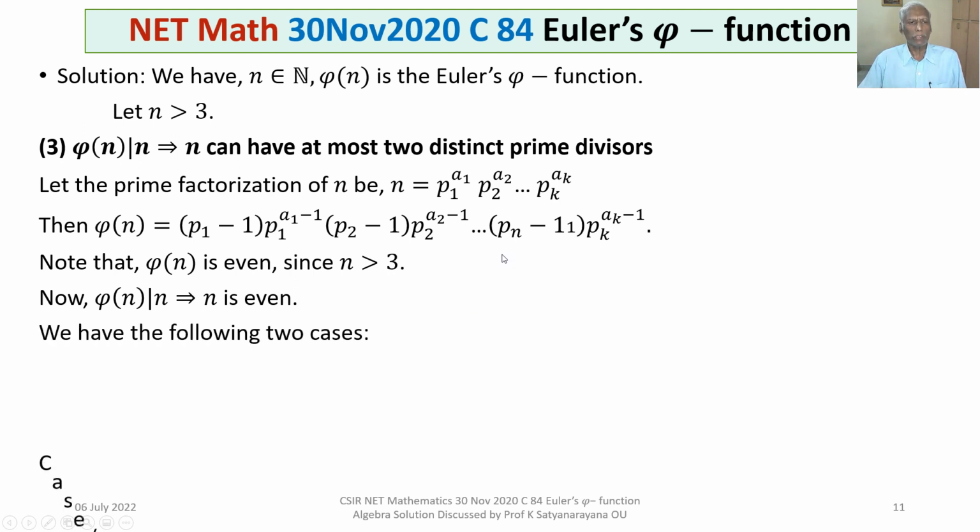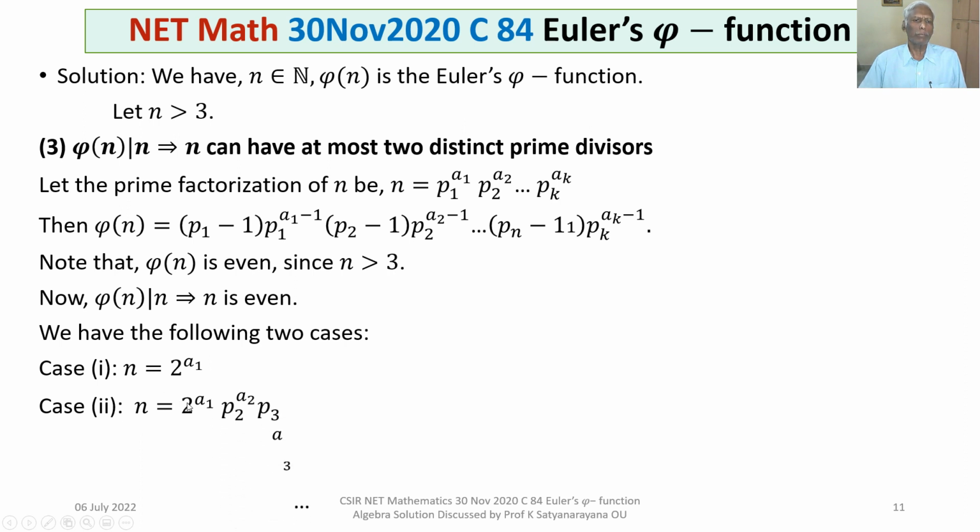When n is even, we have two cases to deal with. The first case is n is equal to a power of 2. The second case is that n is not only a power of 2, but there are some odd prime factors as well. So n is equal to 2 to the power of a1 into p2 to the power of a2, p3 to the power of a3, and so on, pk to the power of ak, where p2, p3, pk are odd primes.